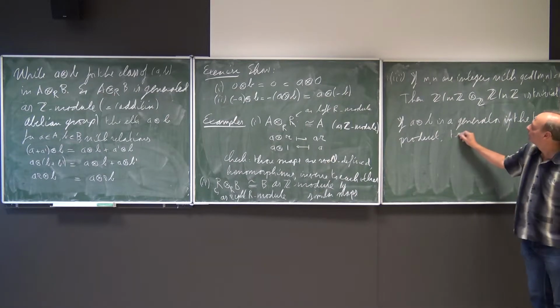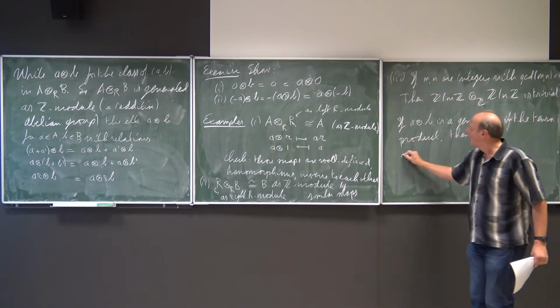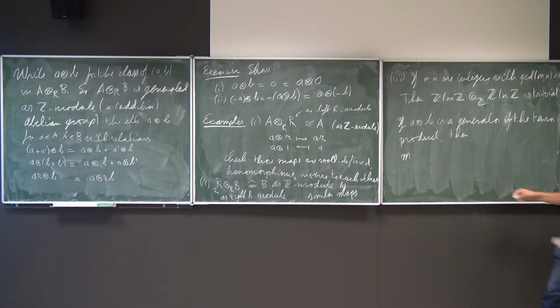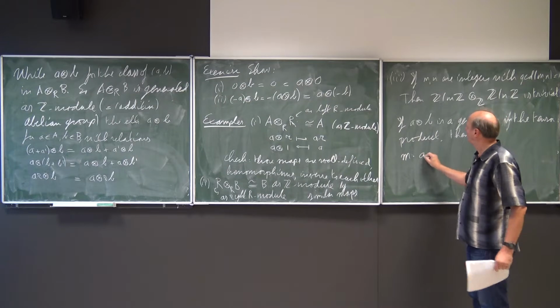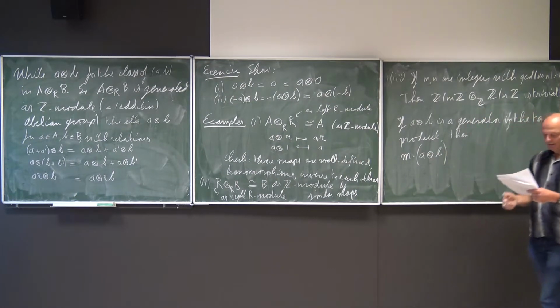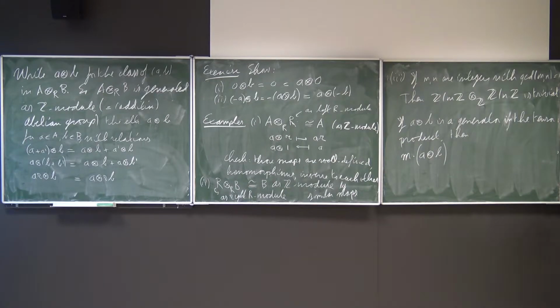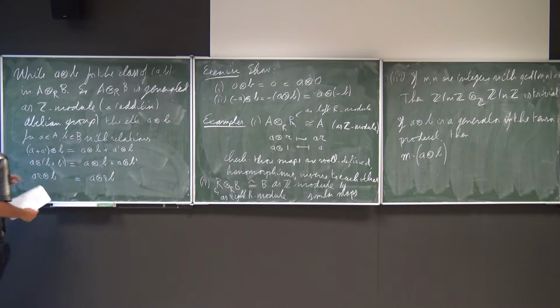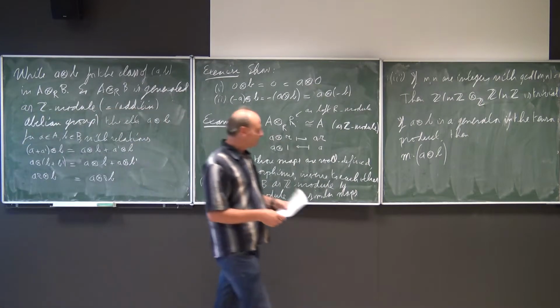Well, then we can multiply this by m. Okay, it is an abelian group, so I can take m times anything. So m times a tensor b. Maybe we should write it like this. And if you now go back to the first relation, okay, so for example, if I take a equal to a prime, then this will be 2 times a, but this will be 2 times a tensor b. So you can work this out for all the integers.